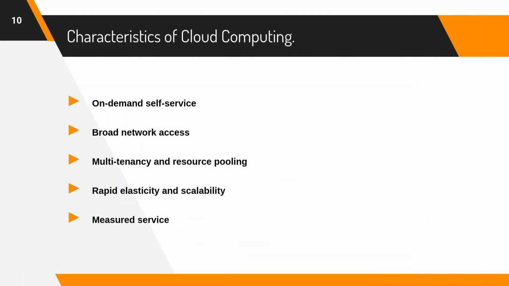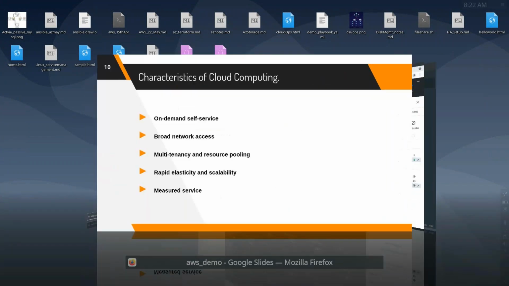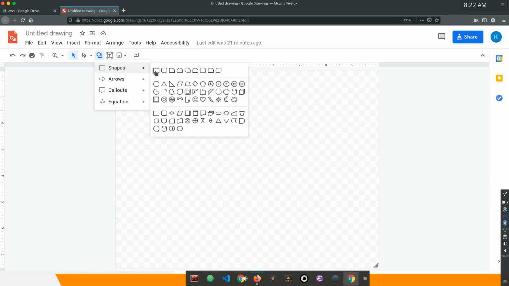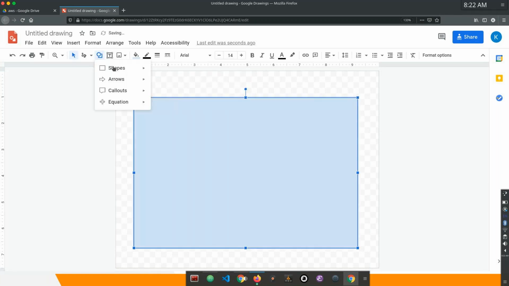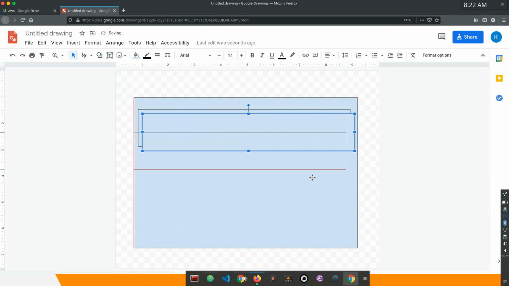Multi-tenancy and resource pooling. What does that mean? We talked about cloud being a collection of data centers, right? So let's say this is your data center, and these are all your racks of servers. I'm giving a logical approach, not the physical approach. Racks of servers means each rack has multiple physical servers.